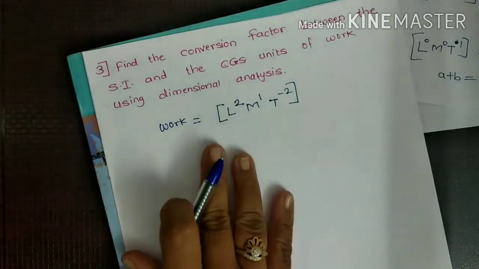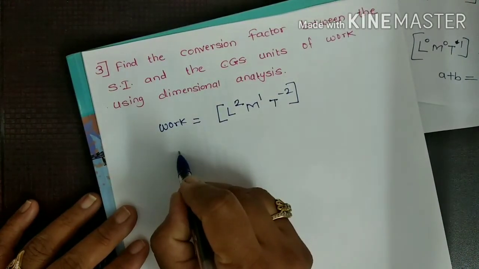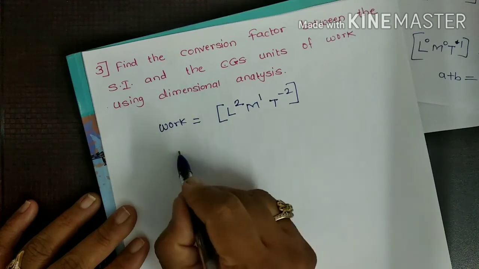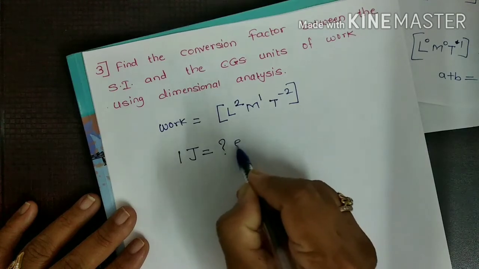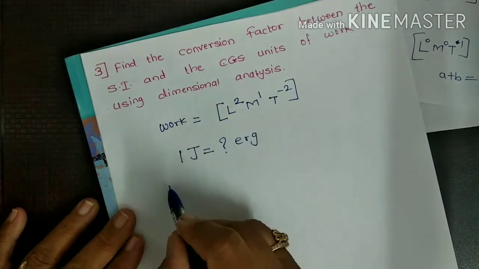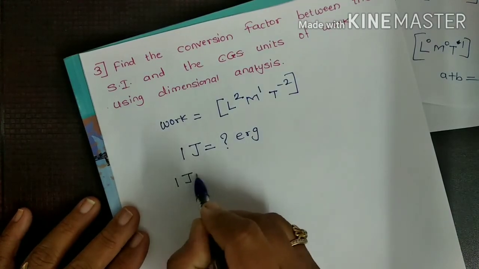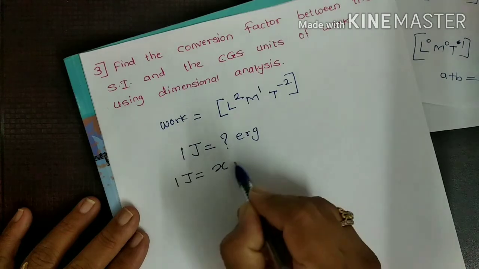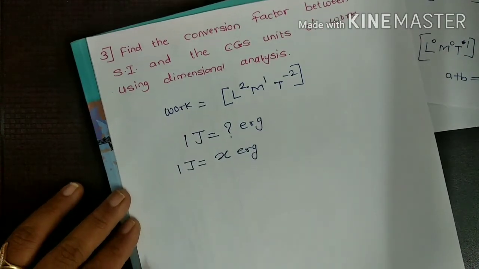We have to find the relation between joule and erg, that is, 1 joule is equal to how many erg. For that purpose, at first we take 1 joule is equal to x erg. Here we have to find the value of x.